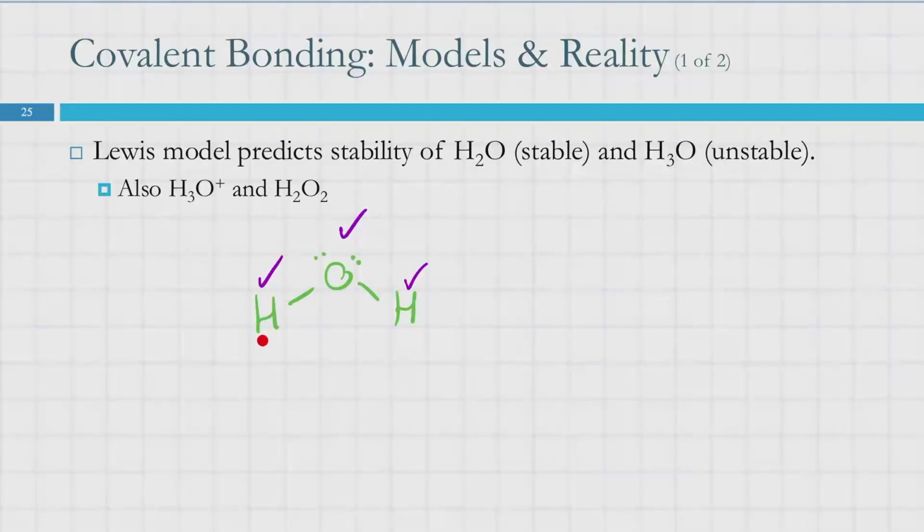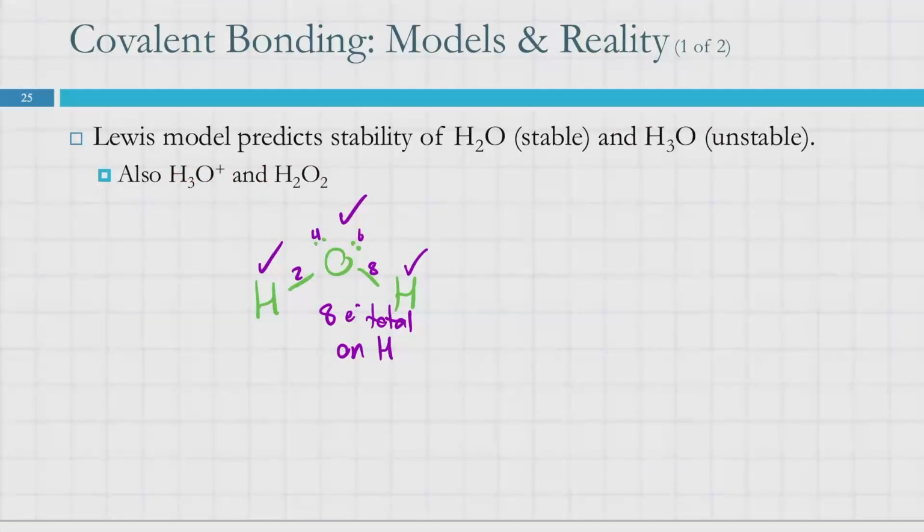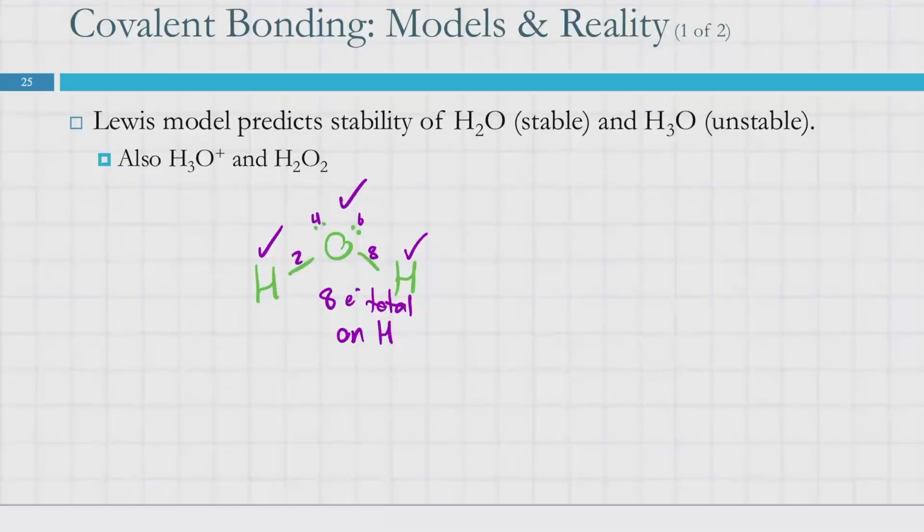Hydrogen likes a duet, so it's happy. The other hydrogen's in the same boat. Our oxygen has 2, 4, 6, 8 total electrons. If we were to look at H3O plus and H2O2, we would also find whether they're stable or unstable.